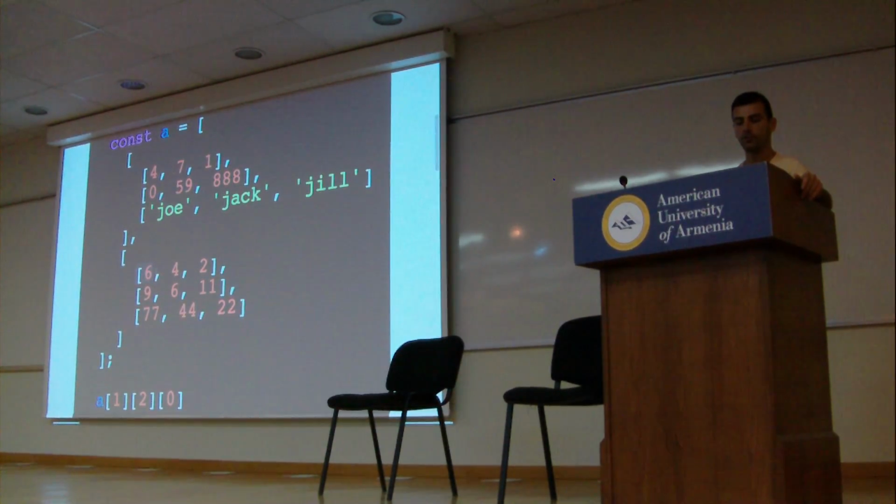This is index 0, this is index 1, this is index 2. So this part here will end up returning this entire array. So then take 0 of that: 0, 1, 2, 0 is 77. So all of this gets replaced with 77.